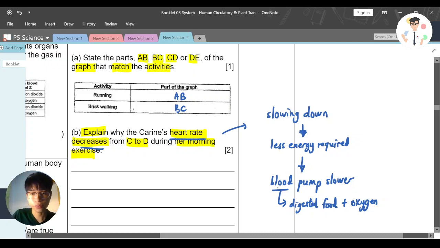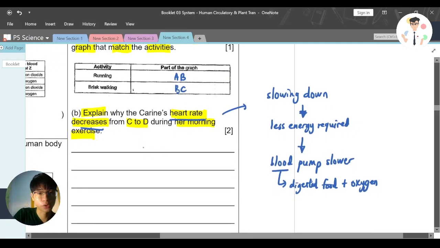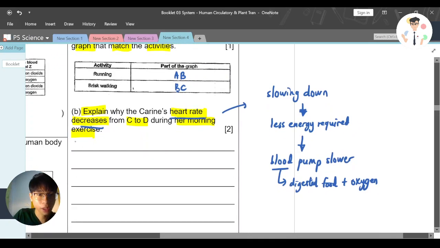So how do you explain this? You can say that from C to D, Karin is slowing down.